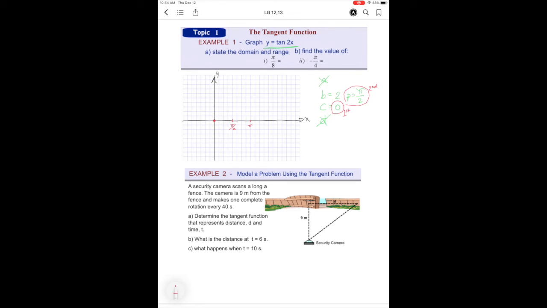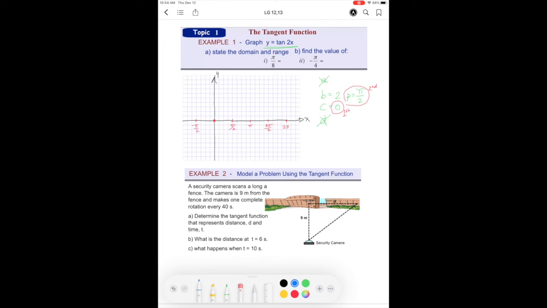Then 1, 2, 3, 4, I'll call that pi. 1, 2, 3, 4, I'll call that 3 pi over 2. Then 1, 2, 3, 4, I'll call that 2 pi, and I'll just go back 1, 2, 3, 4, so negative pi over 2. Okay, so now I've got it labeled.